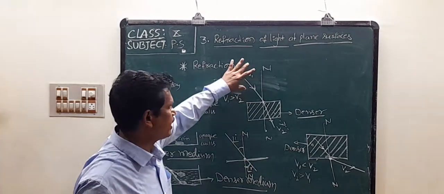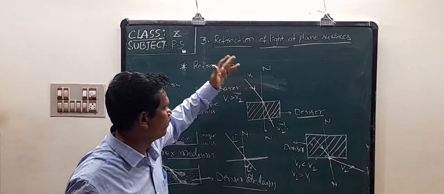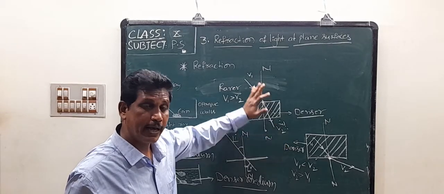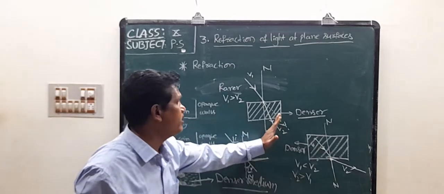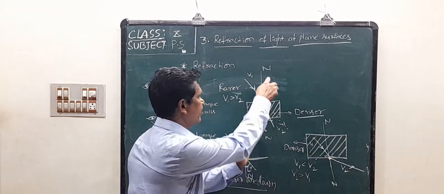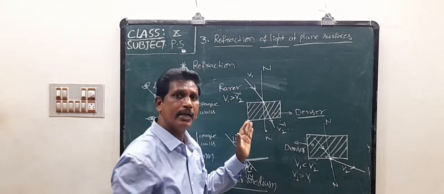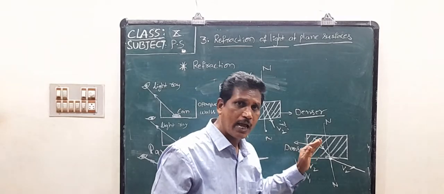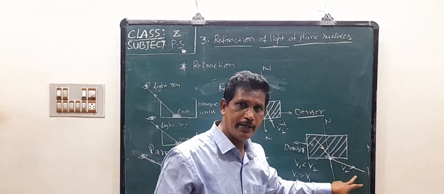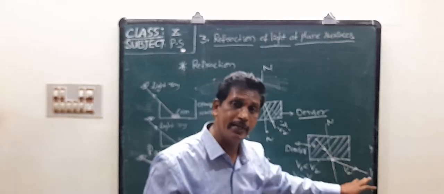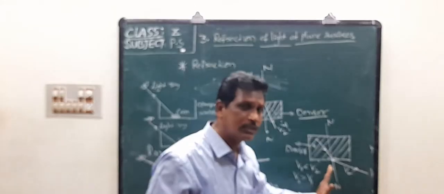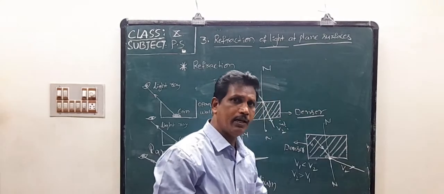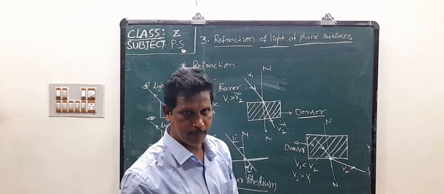Okay, when a light ray travels from a rarer medium to a denser medium, it bends towards the normal. When a light ray travels from a denser medium to a rarer medium, it bends away from the normal.